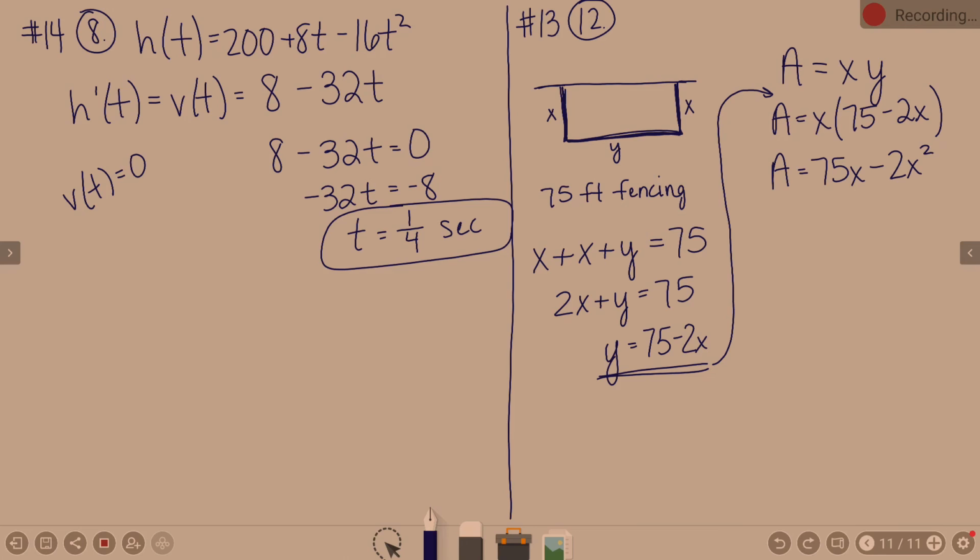Because we're trying to maximize, take the derivative, set it equal to 0 to find that critical point. So A prime, derivative of 75x is 75, minus derivative of 2x squared is 4x.